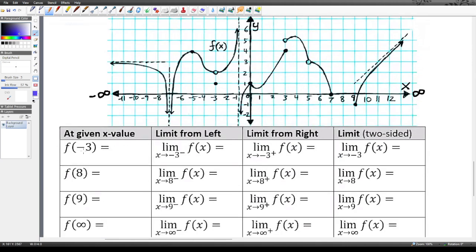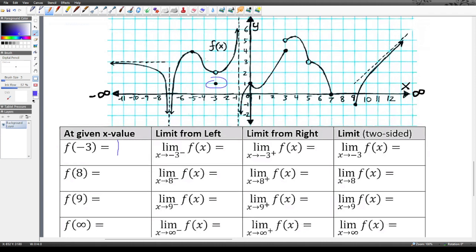Let's evaluate -3. You can try it on your own, pause the video. -3 will be evaluated as 1. But for your limits, remember, limits and evaluation are different things, but they can consequently be the same.